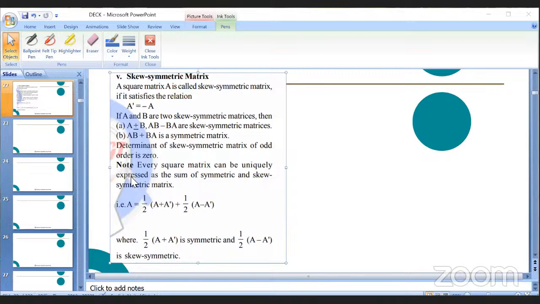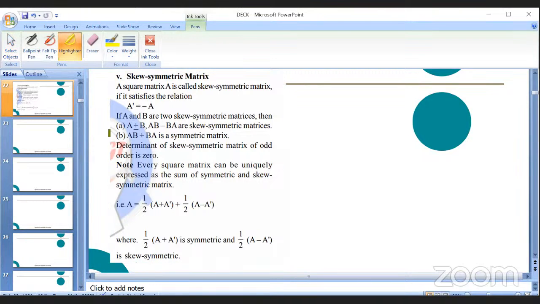So these are about skew symmetric matrices.